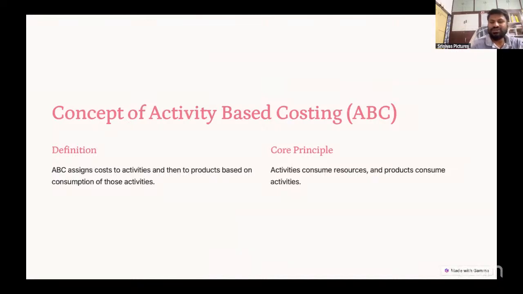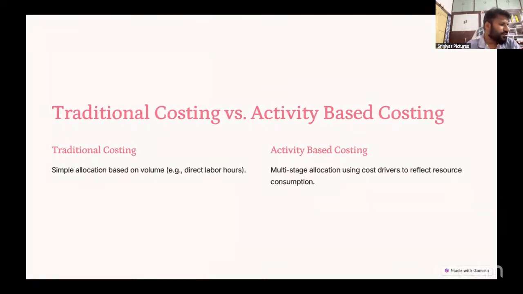The core principle of activity based costing is that activities consume resources and products consume activities. And here the ABC system keeps in mind the following three guidelines for refining the costing system: direct cost tracing, indirect cost pools, and cost allocation bases. A feature of the ABC cost system is direct cost tracing. It aims to identify some costs or cost pools that can be reclassified as direct costs instead of indirect costs.